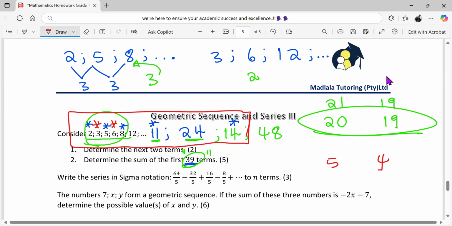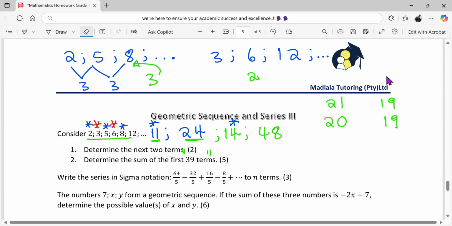But if you have an odd number, like in 19 terms, 10 will be arithmetic and 9 will be geometric. So in 39, 20 is arithmetic and 19 is geometric. So in any odd number of terms, the number of terms in an arithmetic sequence will exceed the number of terms in a geometric sequence by 1. Yes, I'm sorry for saying that. I didn't really give it much thought before I said it. So please forgive me.